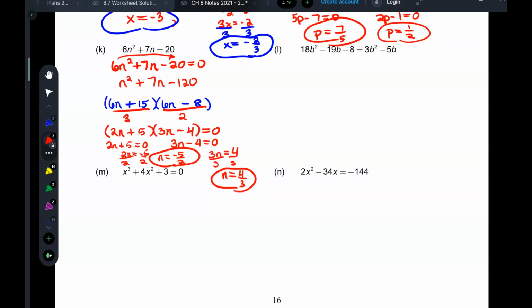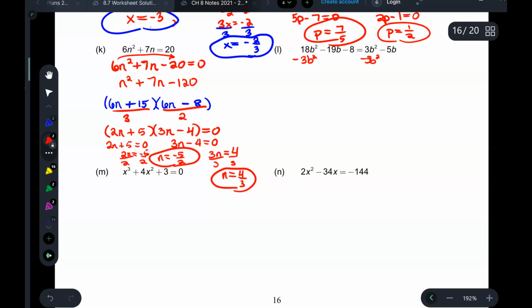Looks like the next one's probably the most difficult one here. It's all right. So we want to get everything on one side first. So I'm going to subtract 3b squared from 18b squared, and I'm going to line up the b squared.